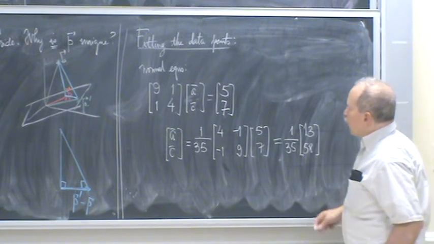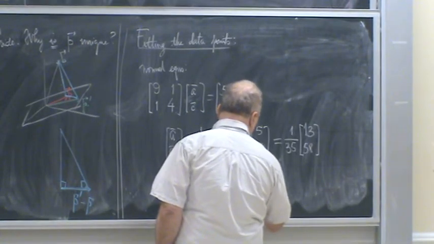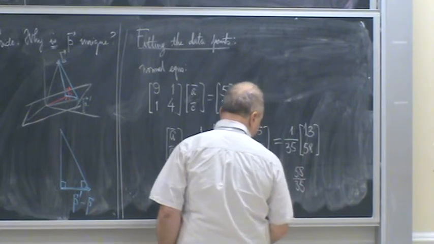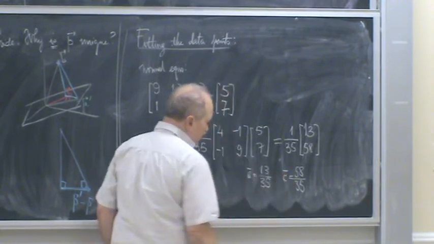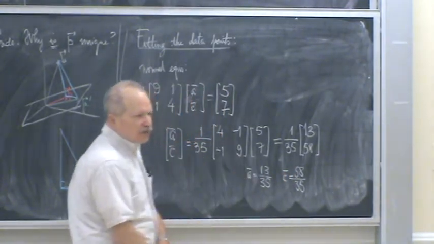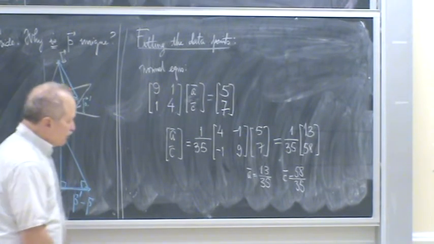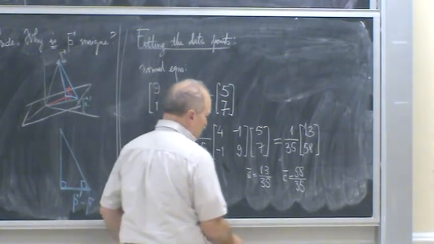So what does that look like? 13 35ths. Those of you who like decimals might even want to get out a calculator. This is A bar. This is C bar. So it's got slope near 1/3, bigger than a third. If you had a calculator, we could get decimals.